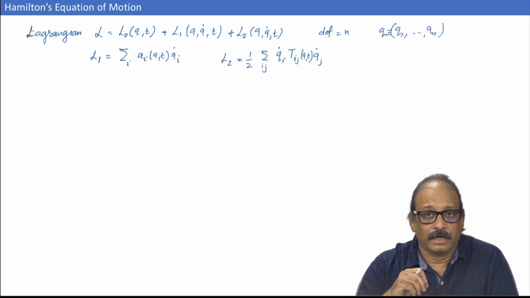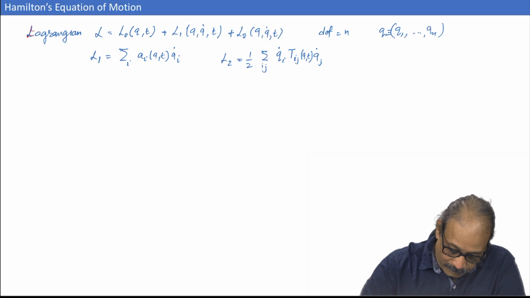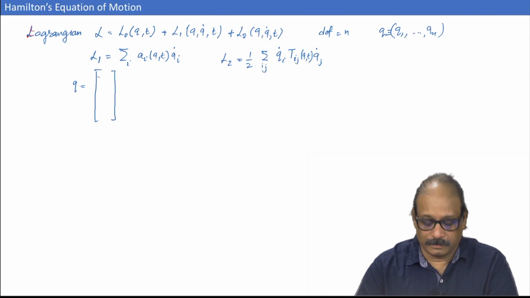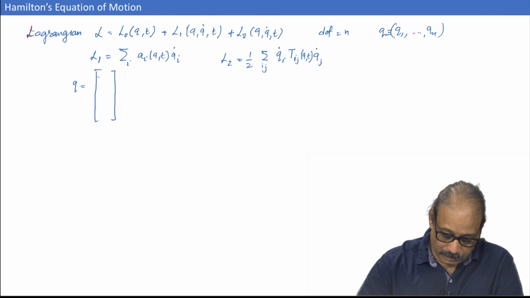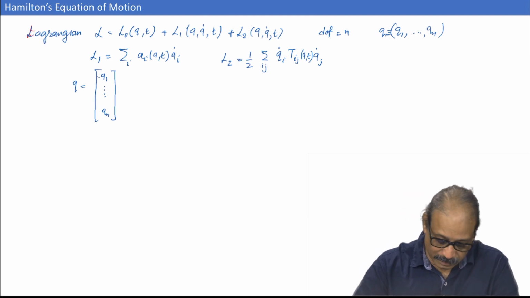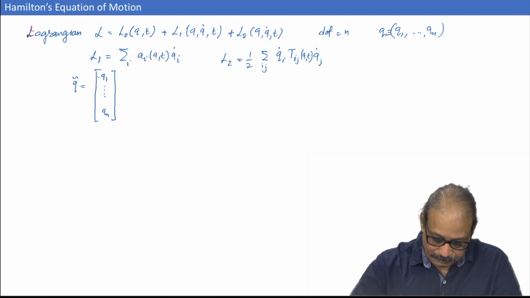Fine. Now, from here I want to calculate the Hamiltonian. So, what I am going to do is put this in a neat matrix form. Let us start by doing this. I will write q as a column matrix with n rows. So, you have q 1 and all the way entries up to q n, and to distinguish this from the usual notation, I will put a tilde here. That means it is a matrix.